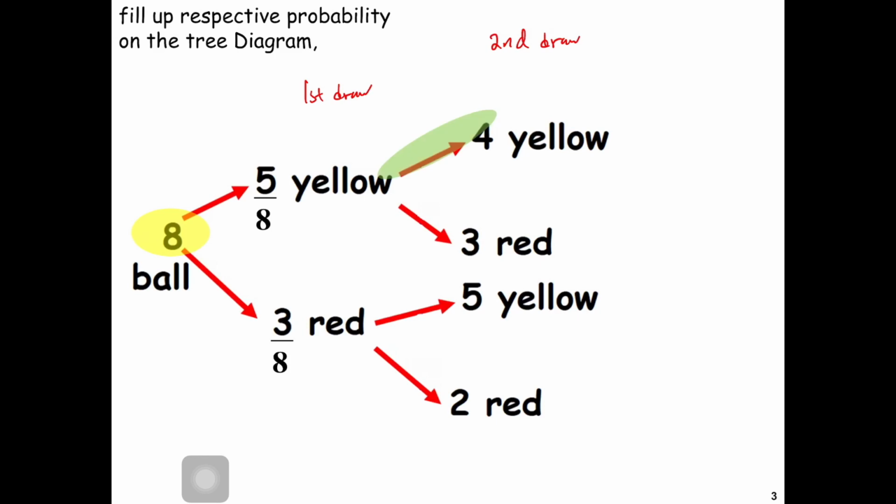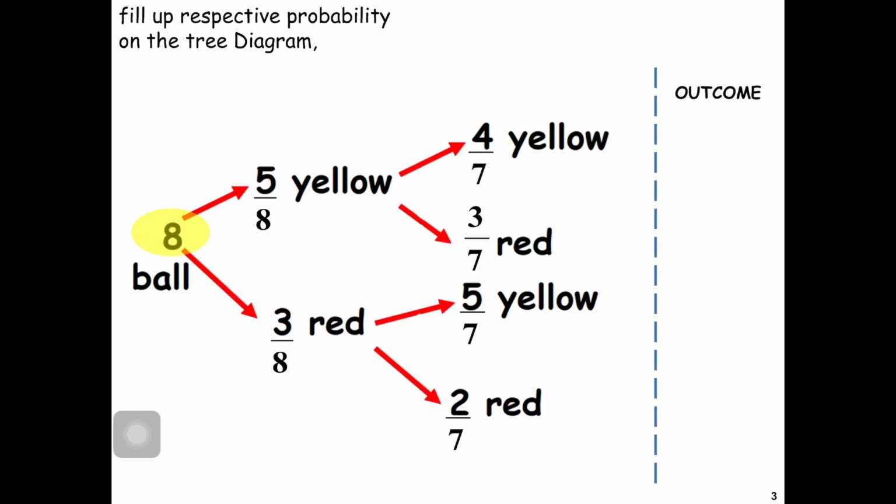So the probability of getting a yellow ball for the second draw will be 4/7, and the probability of getting a red ball for the second draw is 3/7. And the probability of getting a yellow ball for the second draw is 5/7 when the first draw is red. And the probability of getting a red ball for the second draw when the first draw is red is 2/7.